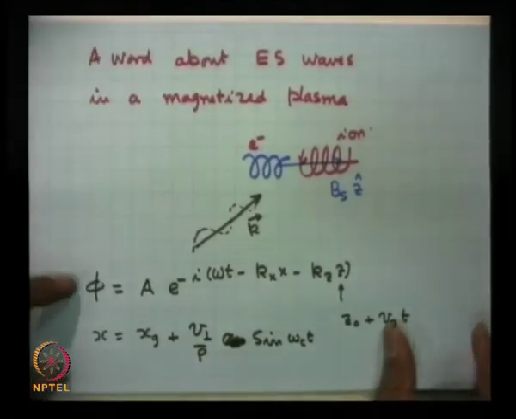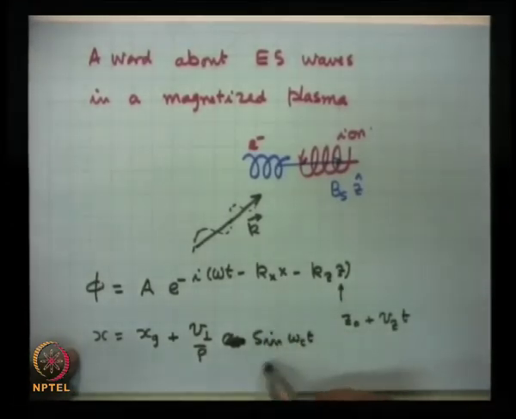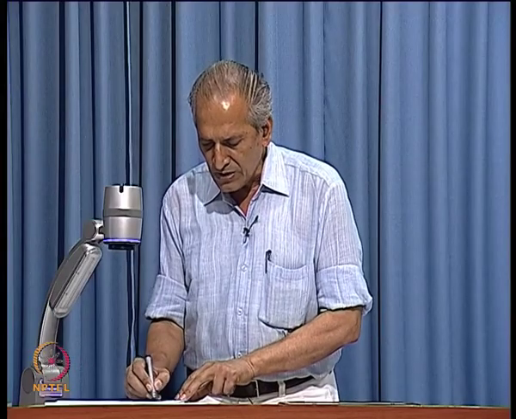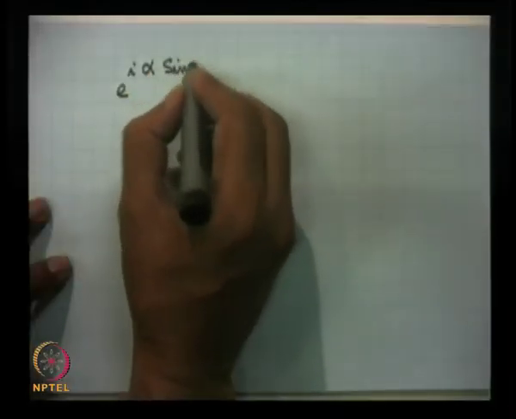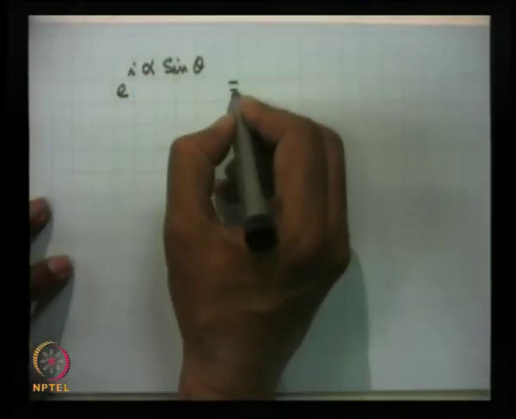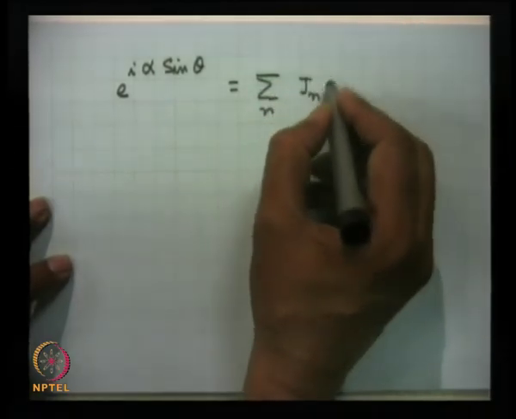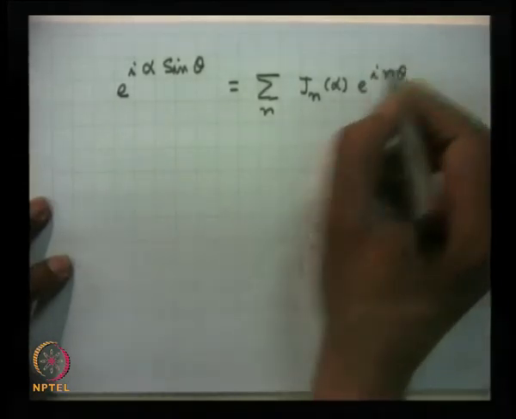One can employ, I think I gave this expression, that whenever you have a sine function in the exponential, you can use a Bessel function identity, and the identity was like this: exponential of i alpha sin theta is equal to summation over n J_n of alpha exponential of i n theta.